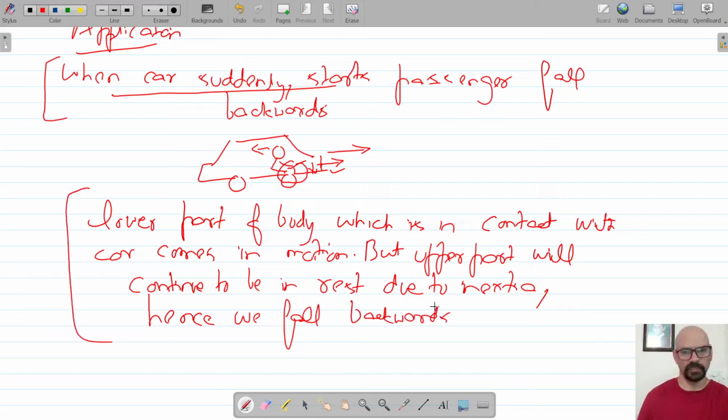In this case, we have to mention that this is because of inertia that we fall backwards. So the next example is when the brakes are applied, passengers are pushed forward.